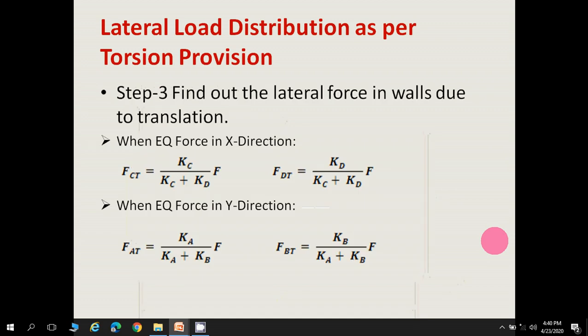Now step number 3, finding out the lateral forces involved due to translation. When the earthquake force is considered in the x direction, then the given seismic load is to be distributed among the different lateral load resisting members situated in that direction according to their relative stiffness.